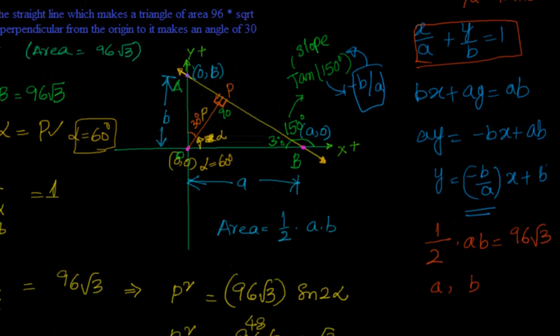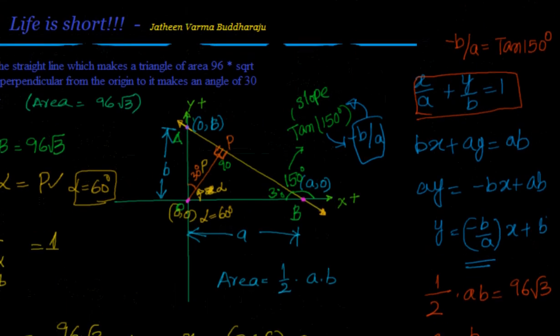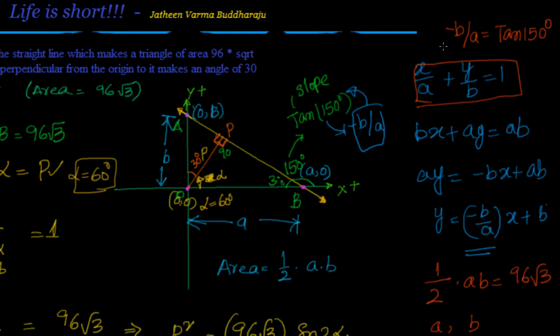If you don't want to use the normal form, you can find the inclination of this line, that is, the angle with the positive direction of the x-axis in the anti-clockwise direction. That's equal to 150 degrees, since the exterior angle equals the sum of the remaining two interior angles. So the slope is tan of 150, and from x by a plus y by b equal to 1, the slope is minus b by a.